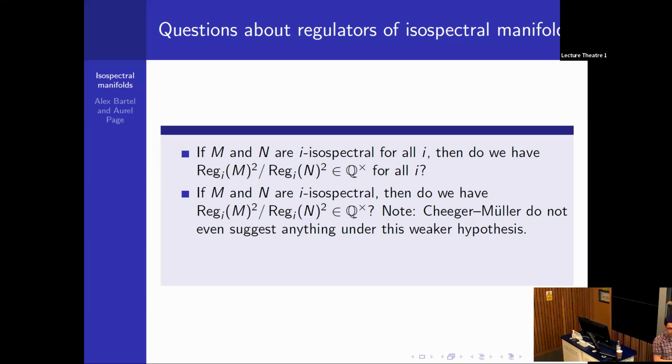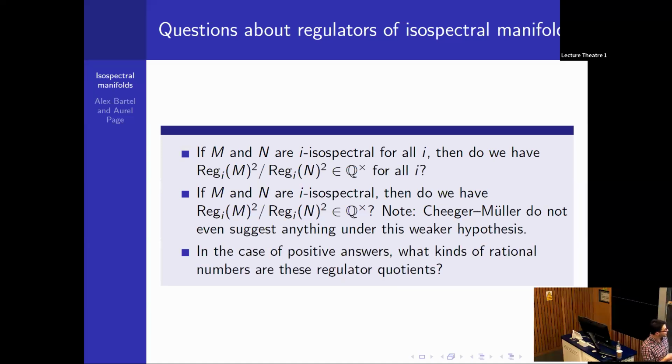It only comes off the ground if you have isospectrality for all i. So this is perhaps a very optimistic question, but I don't know. And if the answers are positive, then now we have some rational numbers. What are they? Which primes can appear? What do the p-adic valuations at the different primes tell you about the manifolds?